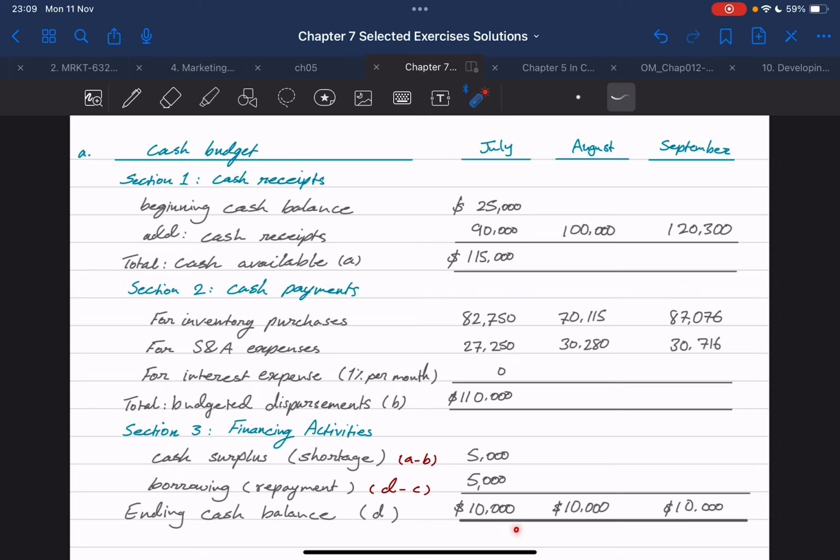Okay, since we already know this to be 10,000, that means the beginning cash balance for August must be $10,000. Okay, the same thing goes for September. Because the ending cash balance for August is also $10,000, that means September's beginning cash balance is also going to be $10,000. All right.